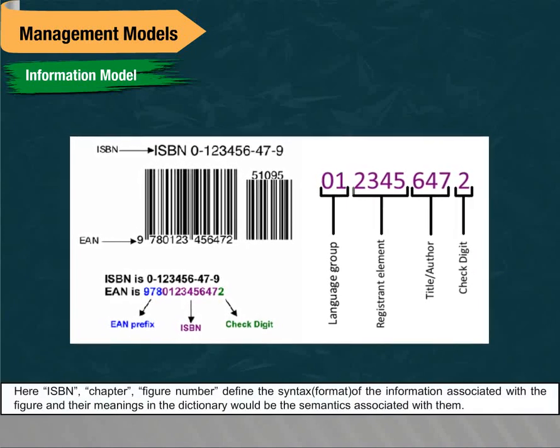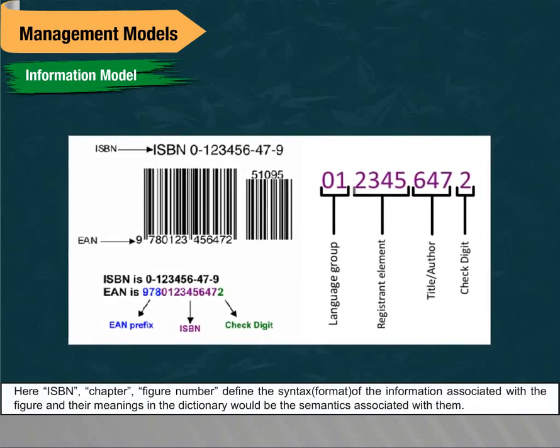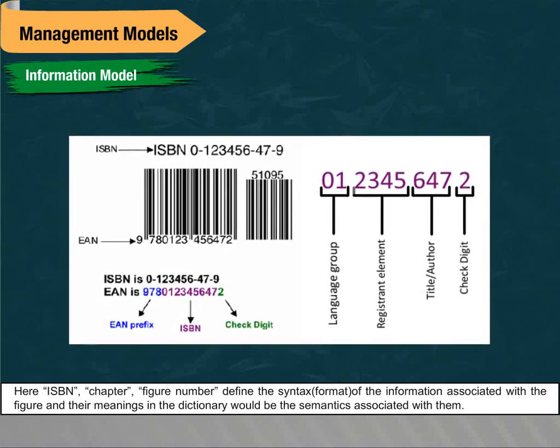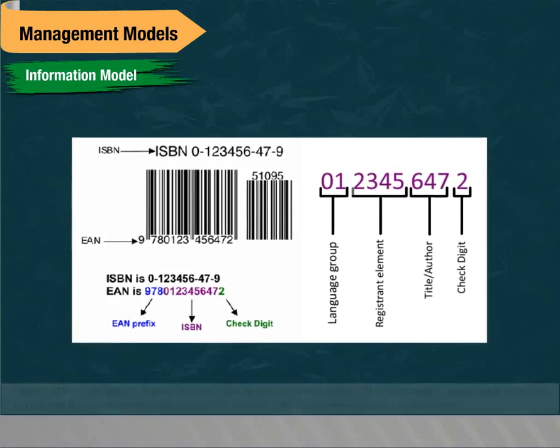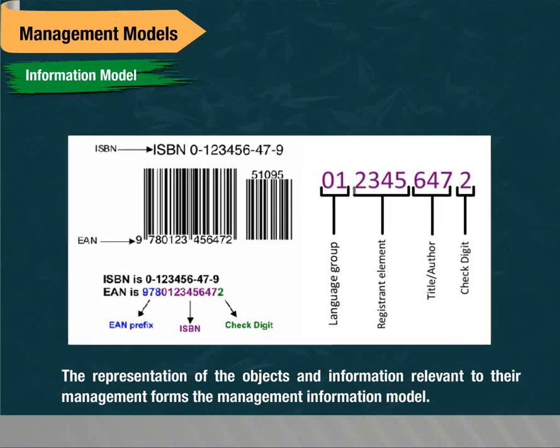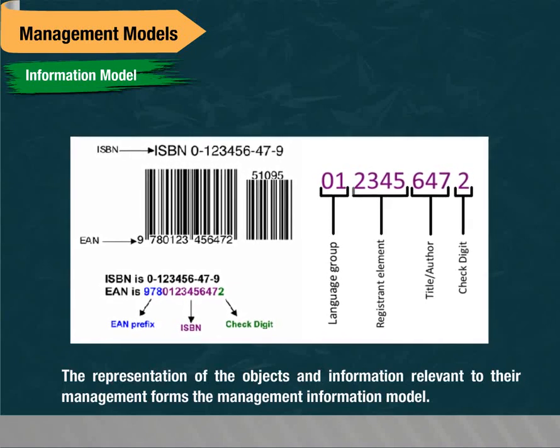Here, ISBN, chapter, figure number define the syntax, that is the format of the information associated with a figure, and their meanings in the dictionary would be the semantics associated with them. The representation of the objects and information relevant to their management forms the management information model.